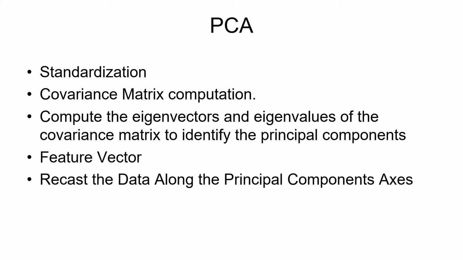And we sort the eigenvectors by decreasing eigenvalues and choose k eigenvectors with the largest eigenvalues to form a matrix. It is important to consider that an eigenvector is a vector which doesn't change direction when a linear transformation is applied.